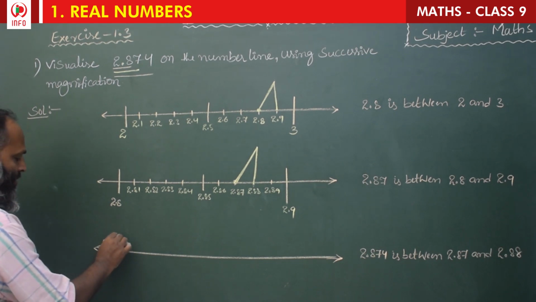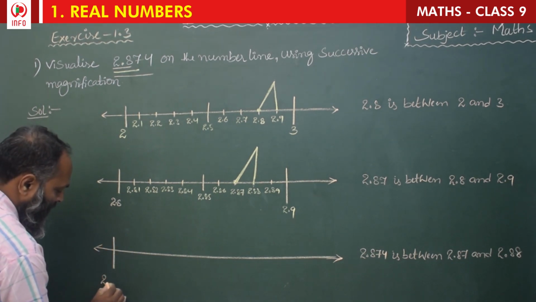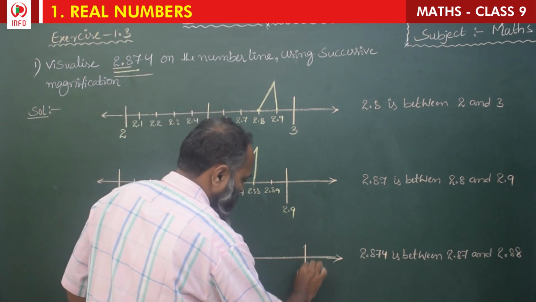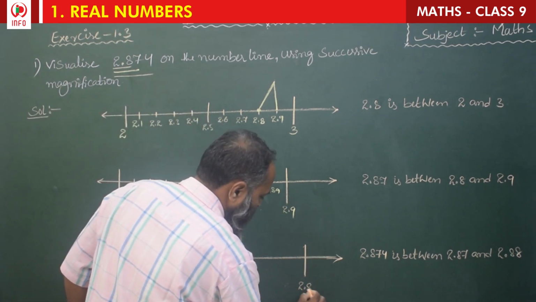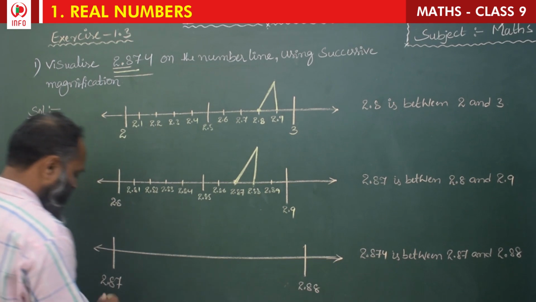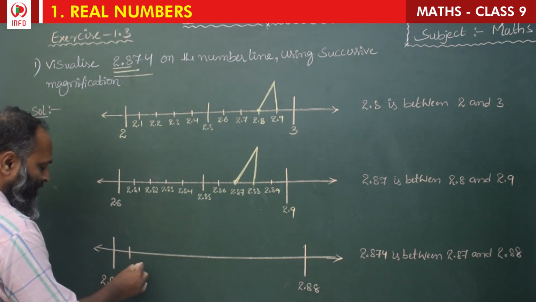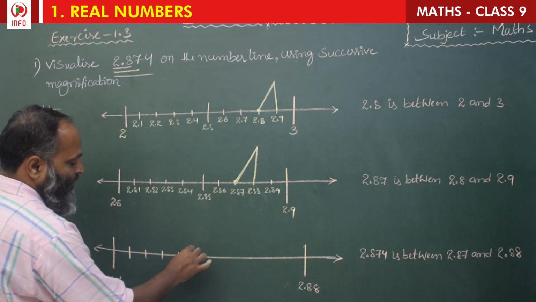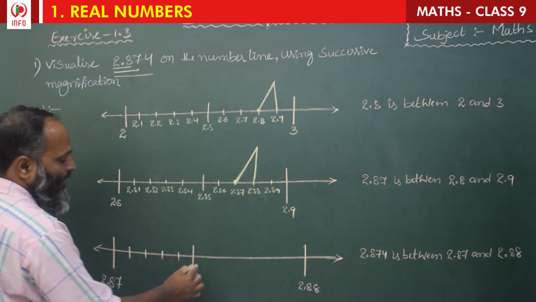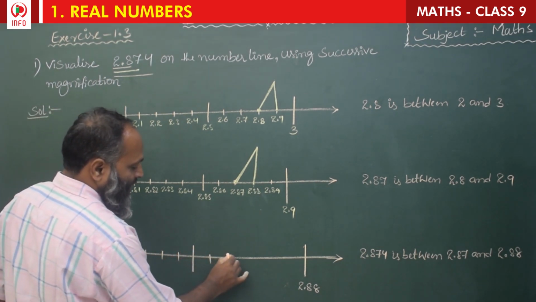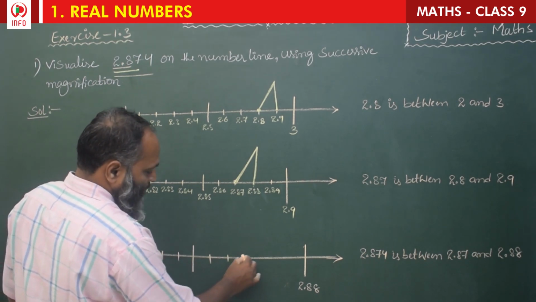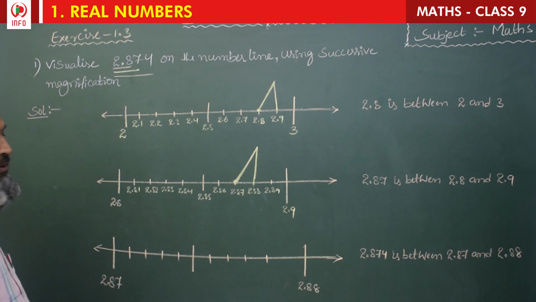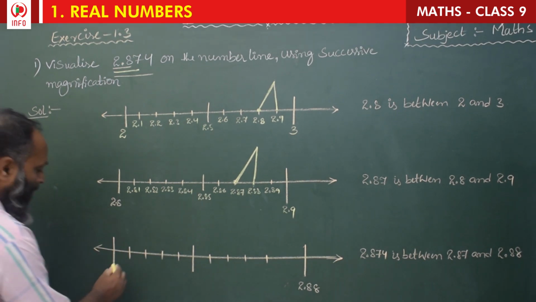So first 2.87, here 2.88. 2.87, 2.871, 2.872, 2.873, 2.874, 2.875, 2.876, 2.877, 2.878, 2.879, 2.880.